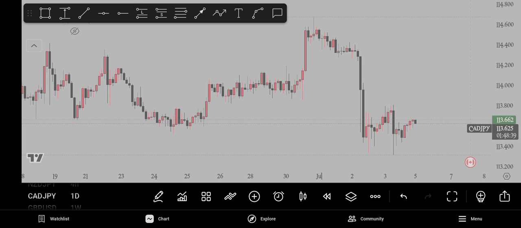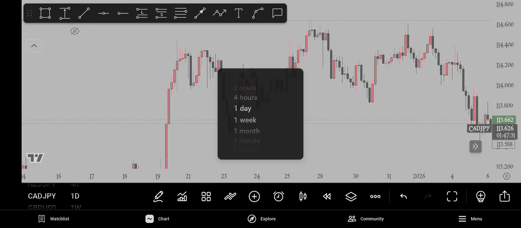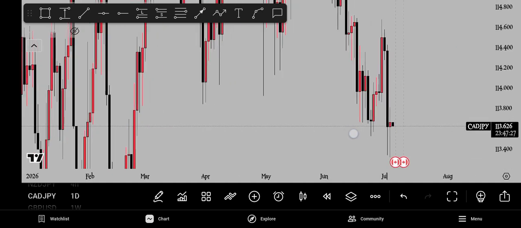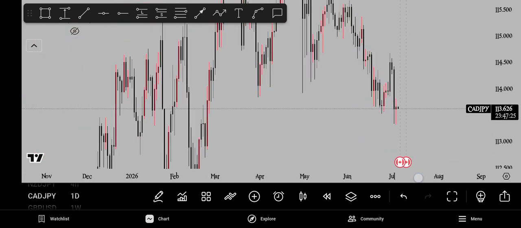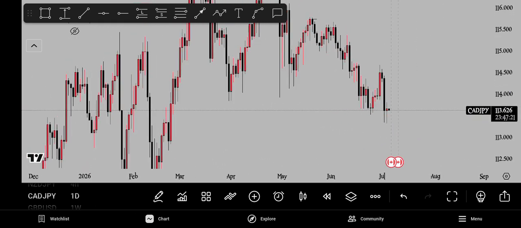This thing is taking too long. So if you note, price has been pushing downward on CAD JPY.